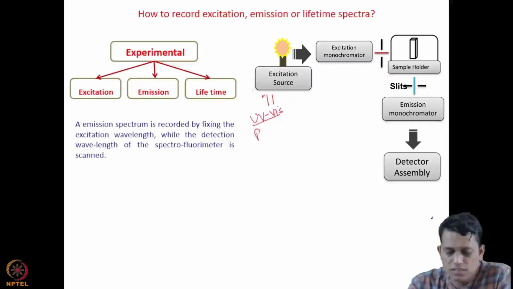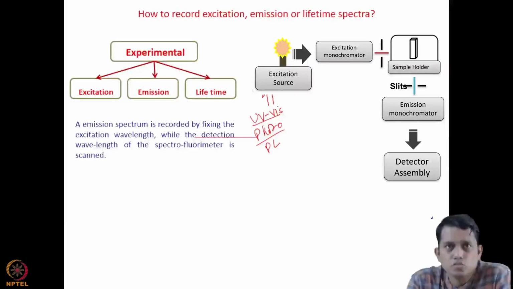We generally call this photoluminescence, and in short form we also say PL studies. So in photoluminescence we excite with the source and then we measure the emission, and we'll try to extract some of the information that we get from the excitation spectra, emission spectra, as well as the lifetime spectra.